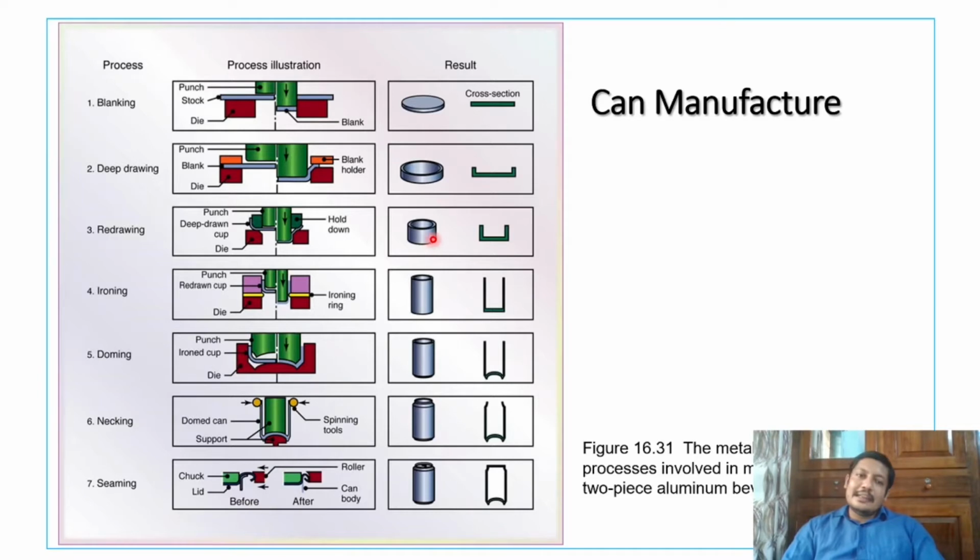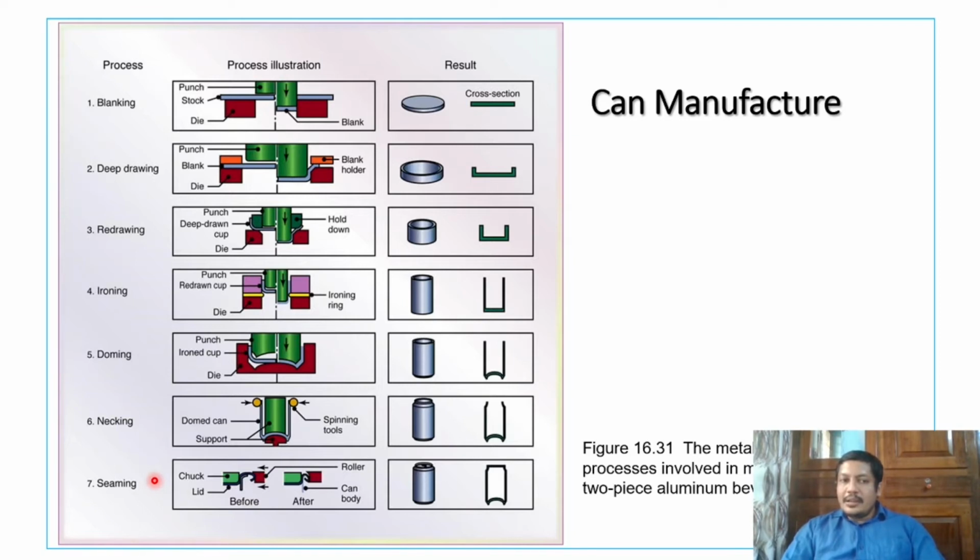And if you are drawing to a depth of more than 50 percent of your diameter or larger, we call it a deep drawing operation. So that is how normally the shapes are made on the sheet: drawing, deep drawing, redrawing, ironing, doming, necking, seaming, etc.